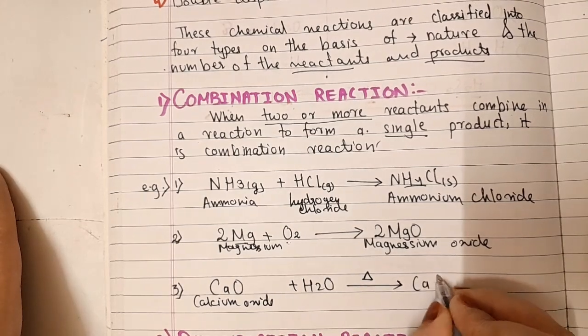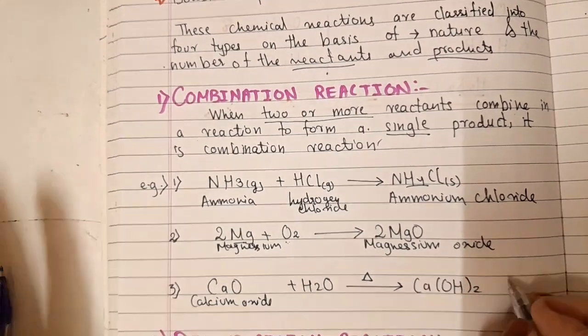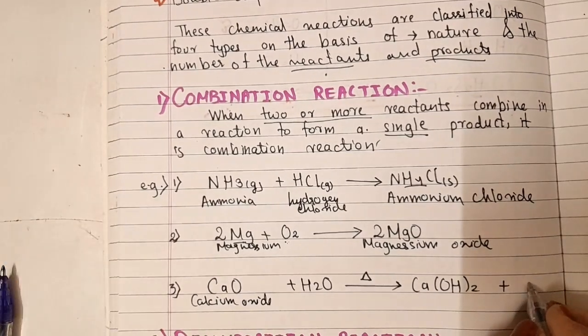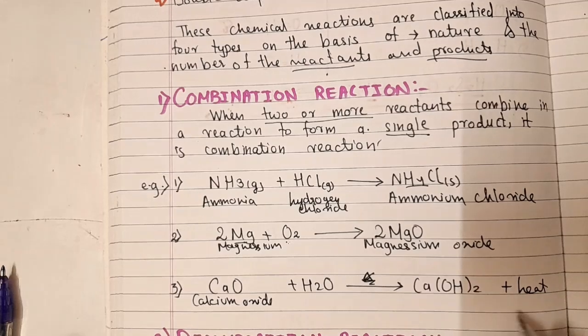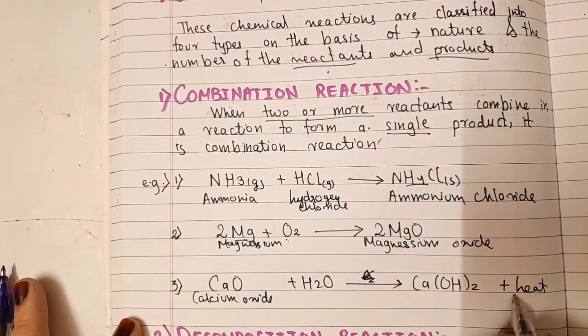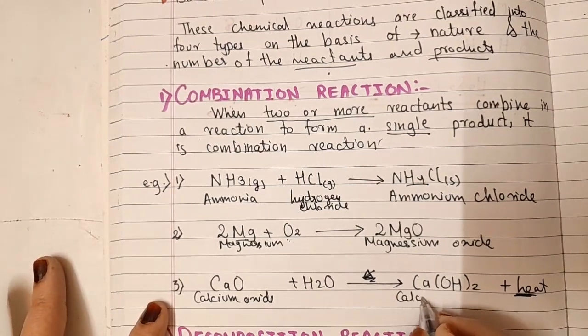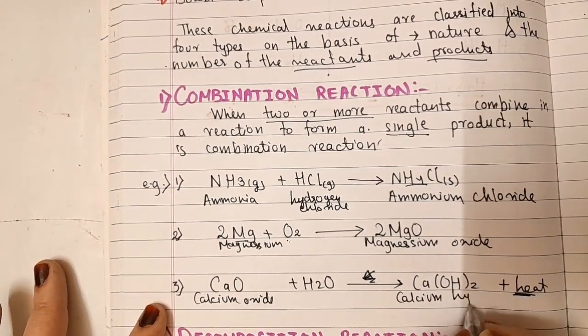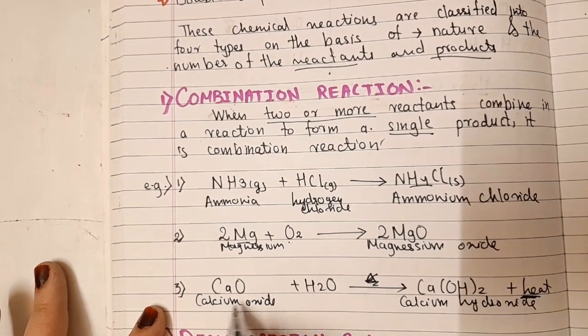It will form calcium hydroxide, Ca(OH)2, and heat will be produced. So this is an exothermic type of reaction in which heat is produced during the reaction. This is calcium hydroxide and this is calcium oxide.